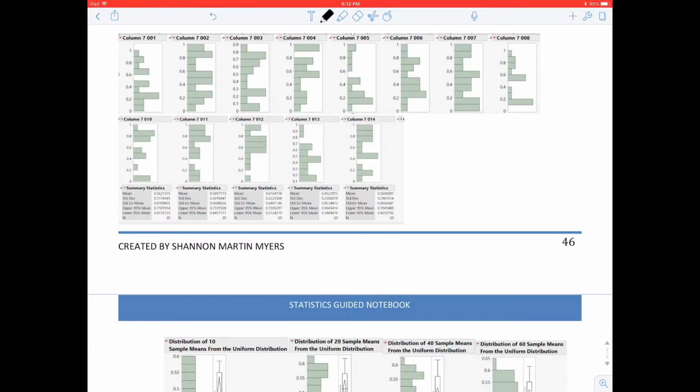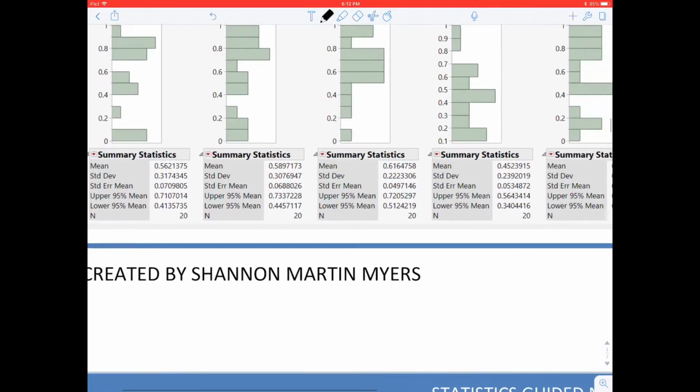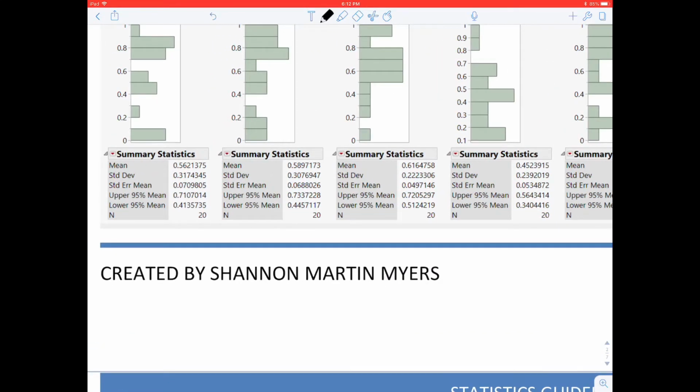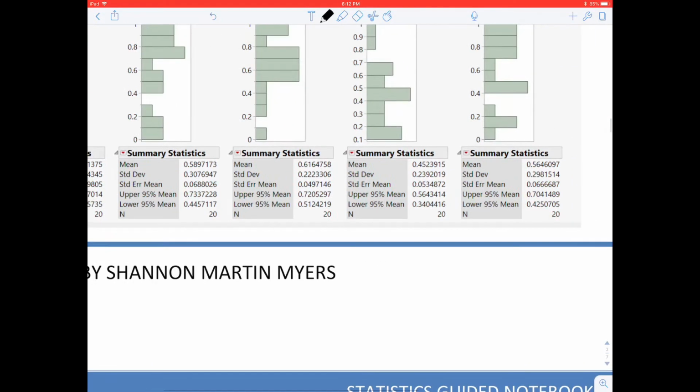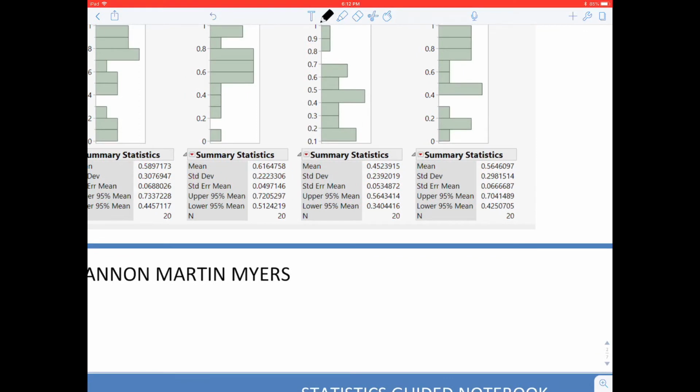And if you'll notice, the means are like this one's 0.56, 0.58, 0.61, 0.45, 0.56. So they're hovering around the 1/2 mark like we thought they would.